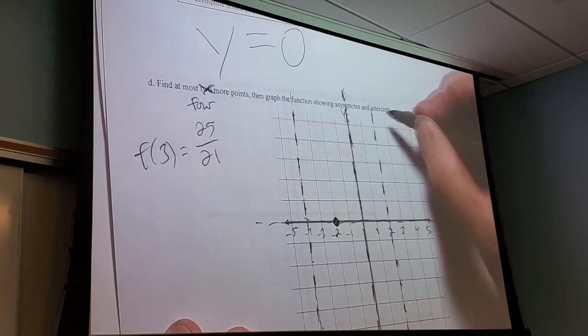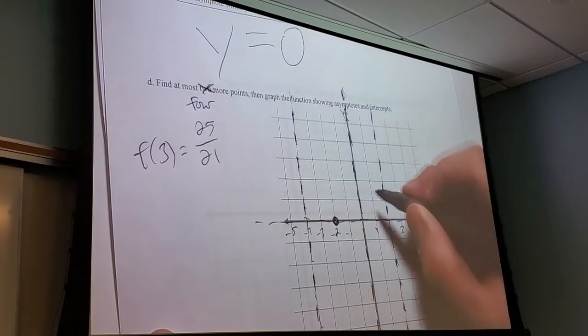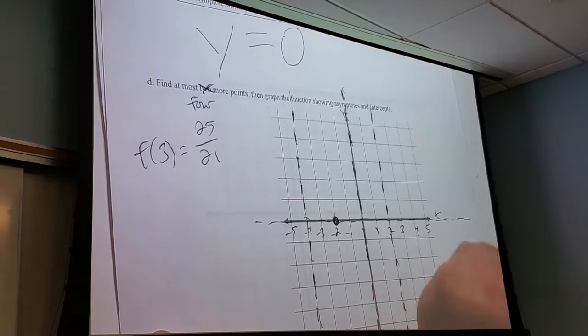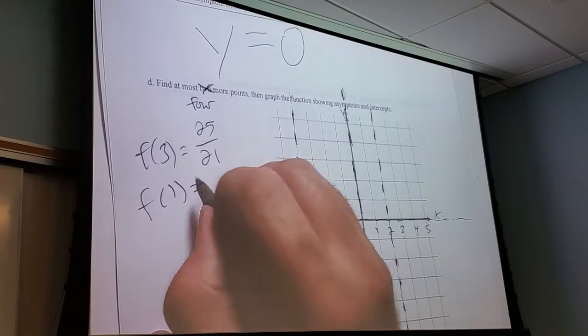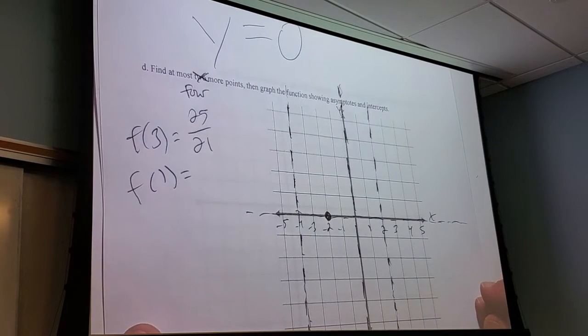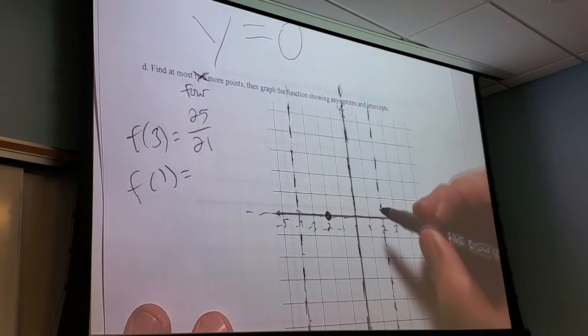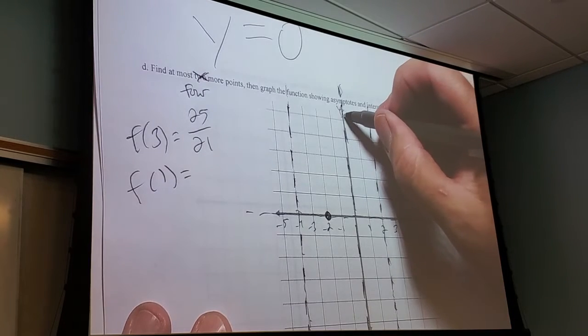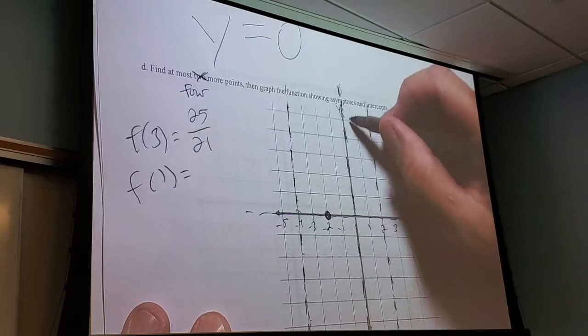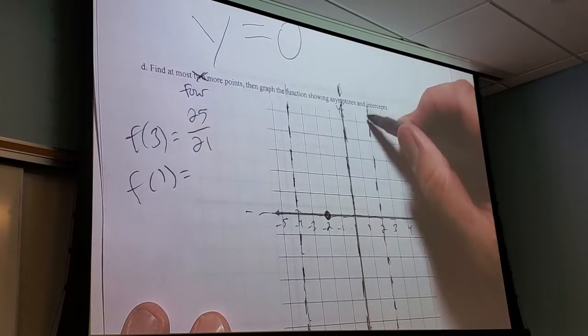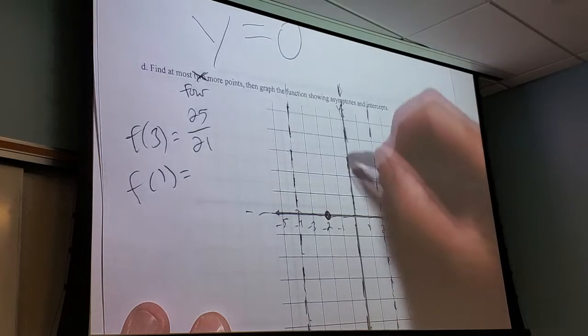So let's figure out some more stuff. In here, what's the most obvious point to use? 1. And real quick, is it possible for it to look like a cubic through here? Is it possible for it to do like this or do like this?